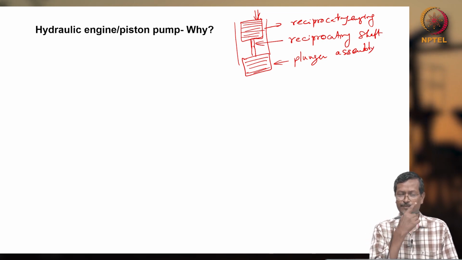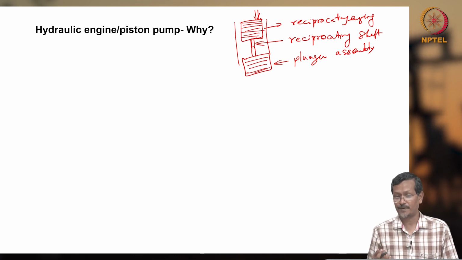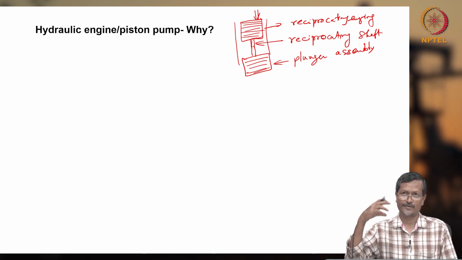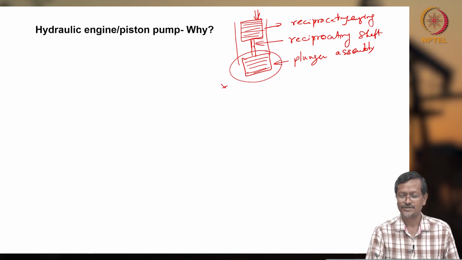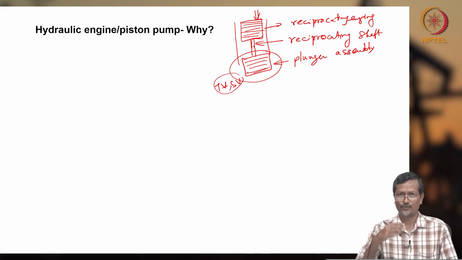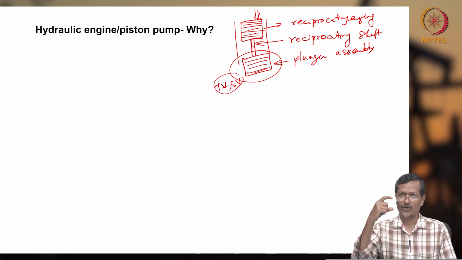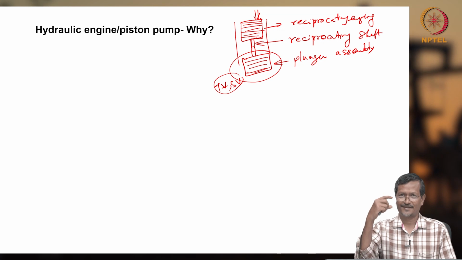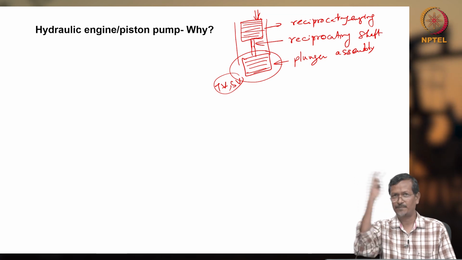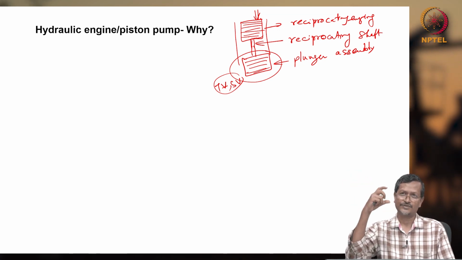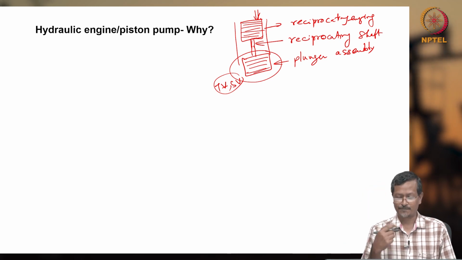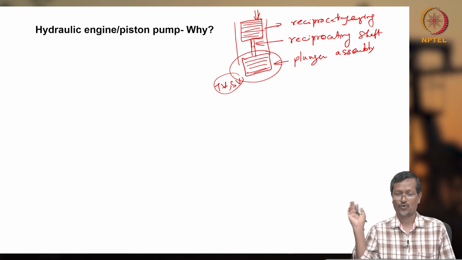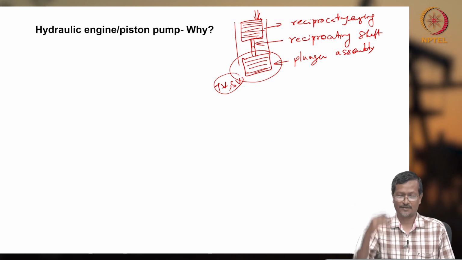So what is that plunger assembly? If you remember the bottom hole assembly of the sucker rod pump, it has a traveling valve and a standing valve. TV will be there, SV will be there, the same thing actually. So you are creating a sucker rod pump with a small reciprocating shaft, and the shaft is not run by a beam or something, it is run by your small engine. You are replacing the long sucker rod, the big rod that was there.